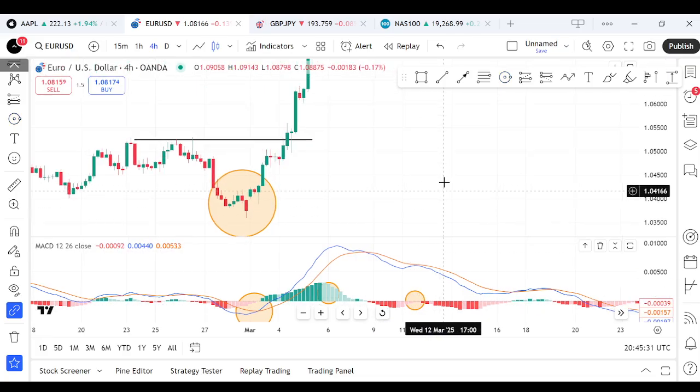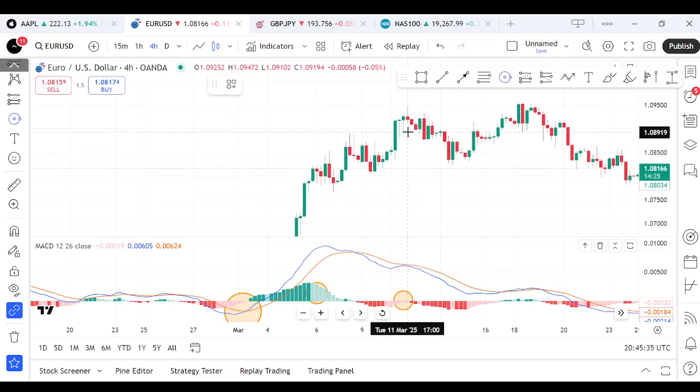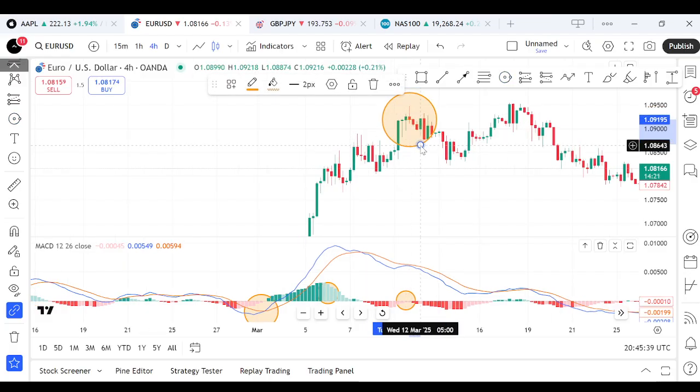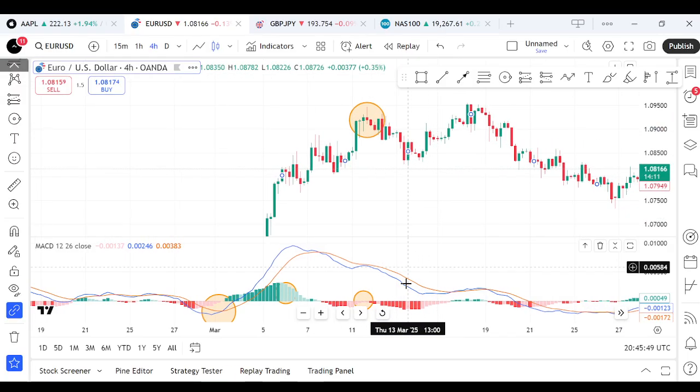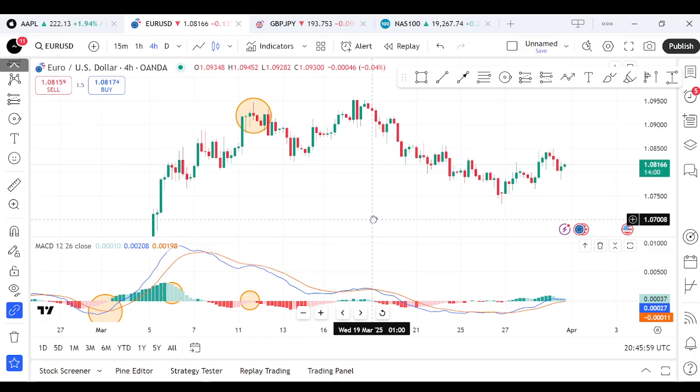And at the same time in price, you would notice that this area where we started having this bearish trend starting, this minor bearish pullback starting here, it shows that there's not enough bearish momentum and we shouldn't be looking to take any sell trades in this area. But at the same time, you have price showing us minor red histogram bars, showing us that there's not enough bearish momentum in the market.